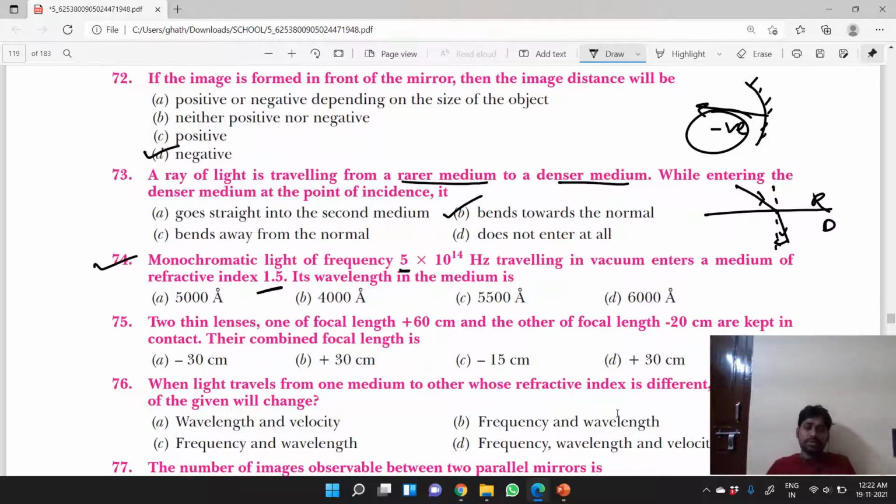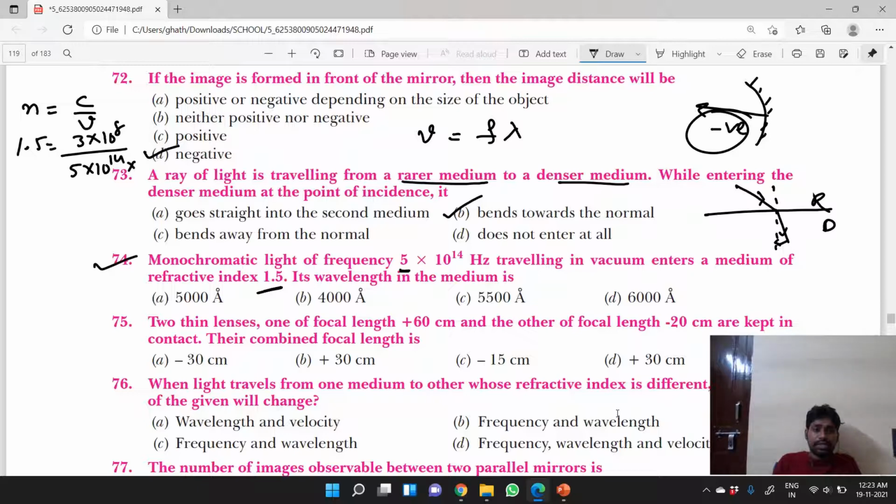So refractive index is equal to C by V. According to the wave theory, V is equal to f lambda. So 1.5 is equal to 3 into 10 to the power of 8 by, here f is given, 5 into 10 to the power of 14, into wavelength, which we have to calculate.